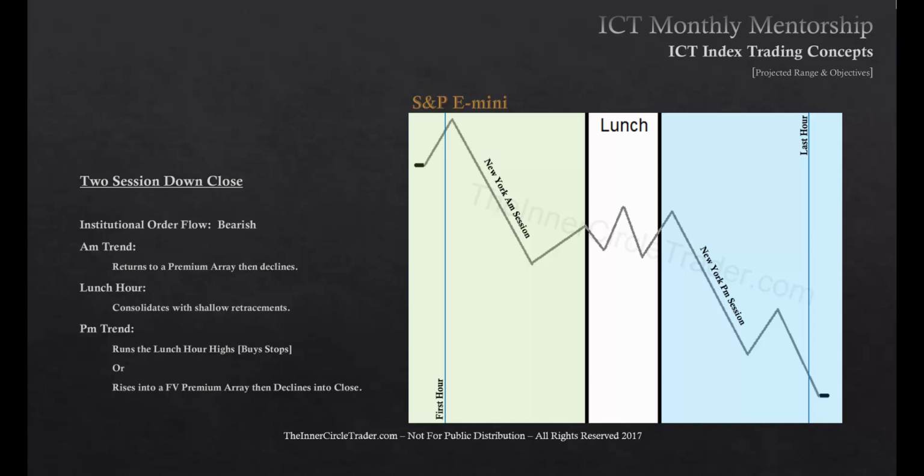If we're trading in the middle of an intermediate-term price swing that has yet to complete, and we have not traded up into a 4-hour or daily premium array, that scenario should unfold for a 2-session up close day. For a 2-session down close day, this is the criteria we're looking for as long as the 4-hour and/or daily discount arrays have not been traded to. So it makes it very easy for the price to expand lower.